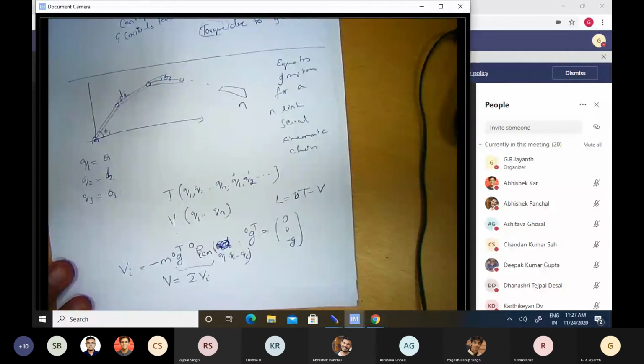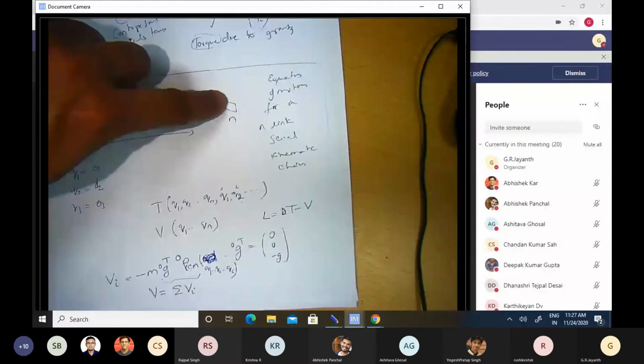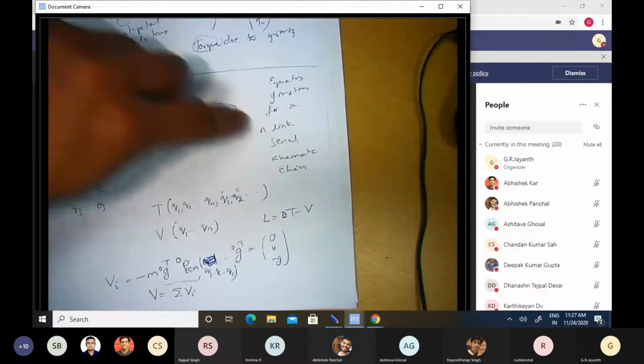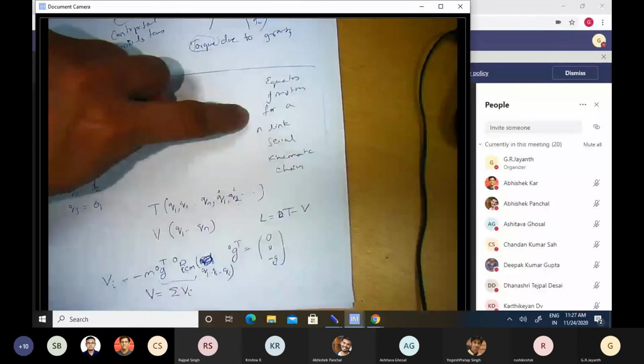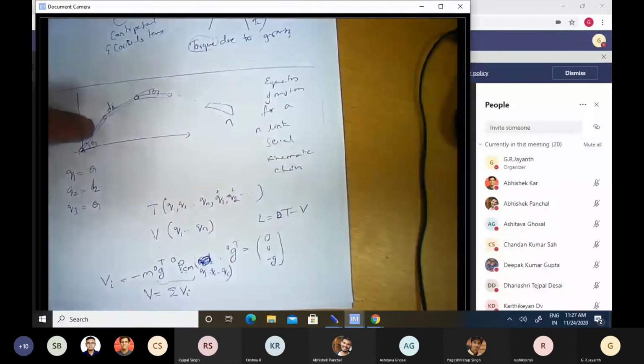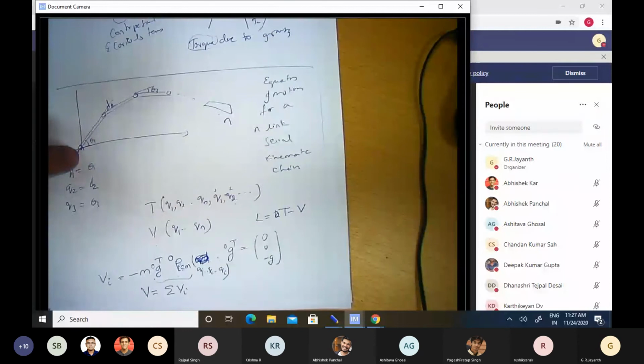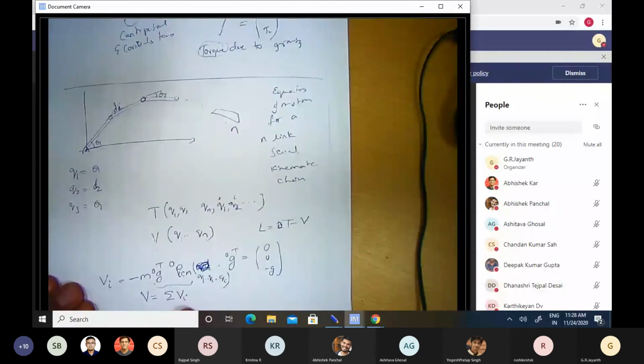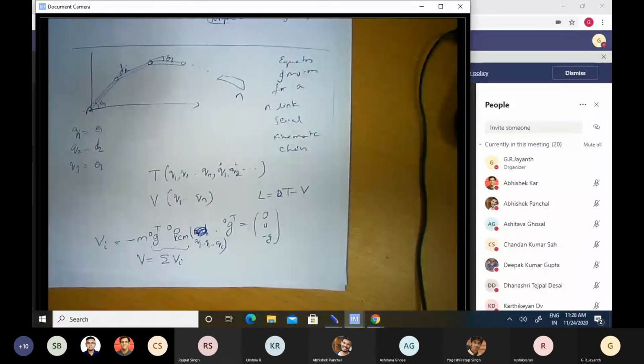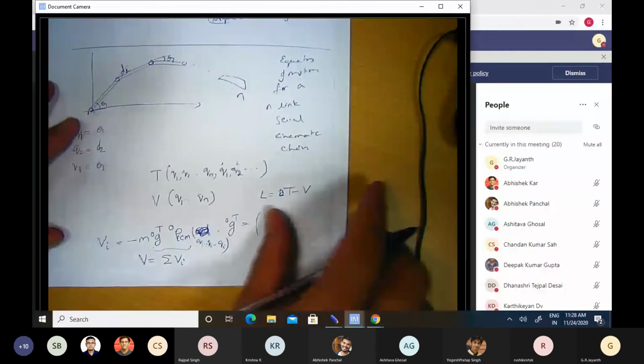The position vector of the nth center of mass will depend on all the joint variables, in other words, all the generalized coordinates. The position of the first center of mass will depend only on theta 1 or q1, the first generalized coordinate, and so on. But the total potential energy, when I sum over all of these, will in general be a function of all the n generalized coordinates.